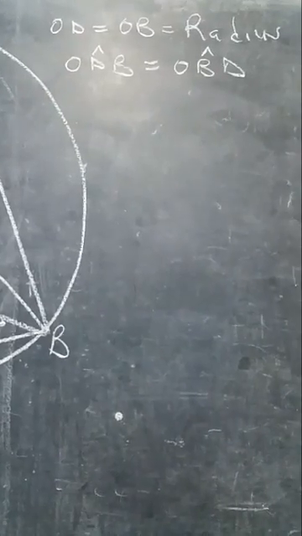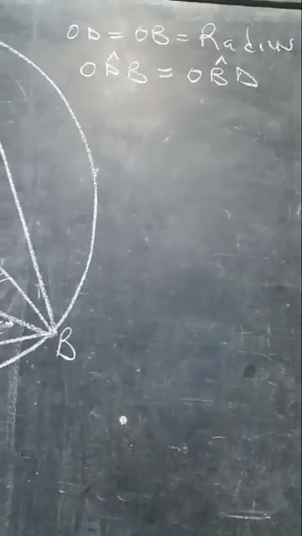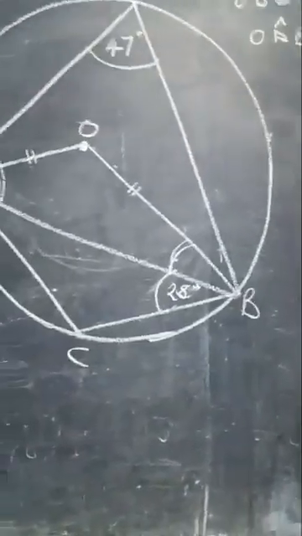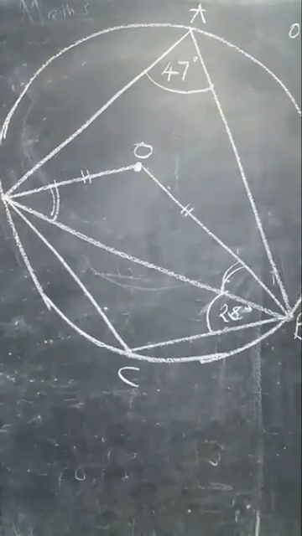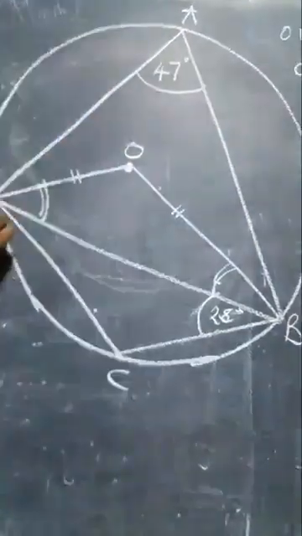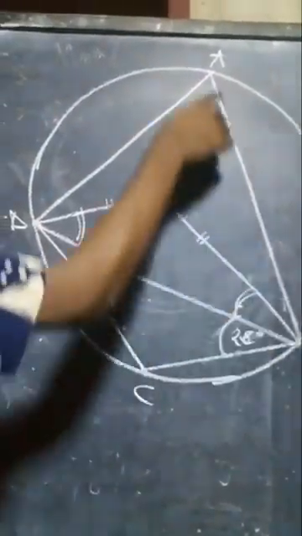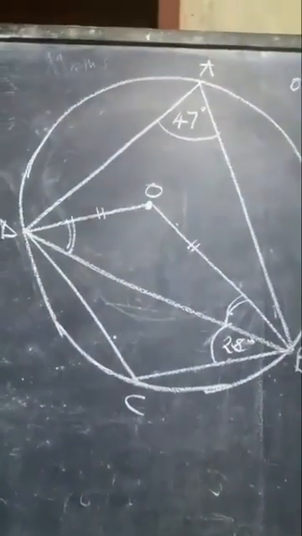Then there's another rule that we have. So back to our diagram. We'll try by all means to look at almost all the rules that we have. So let's look at another rule. 1, 2, 3, 4. Touching four sides of a circle. So this is a quadrilateral.